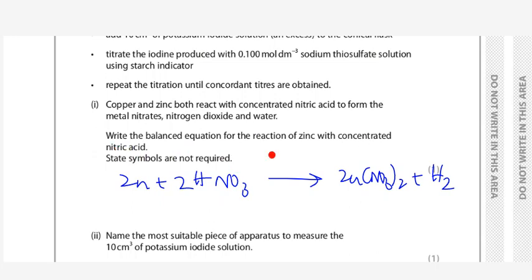This is concentrated nitric acid, zinc nitrate, and the hydrogen gas.